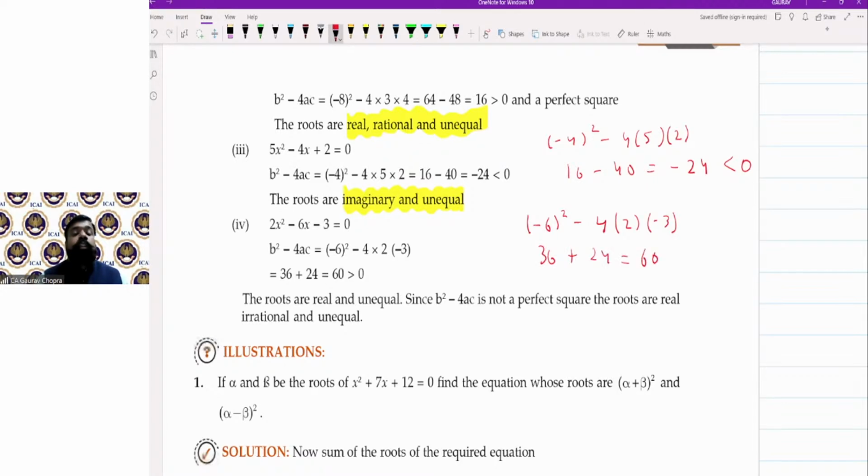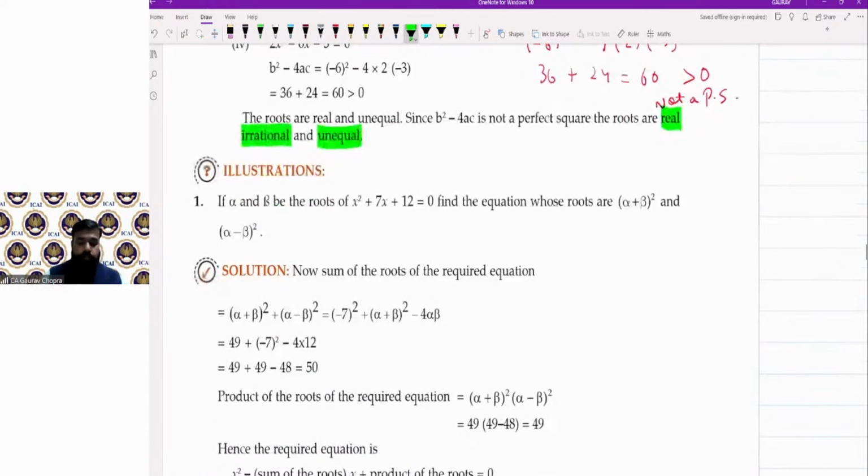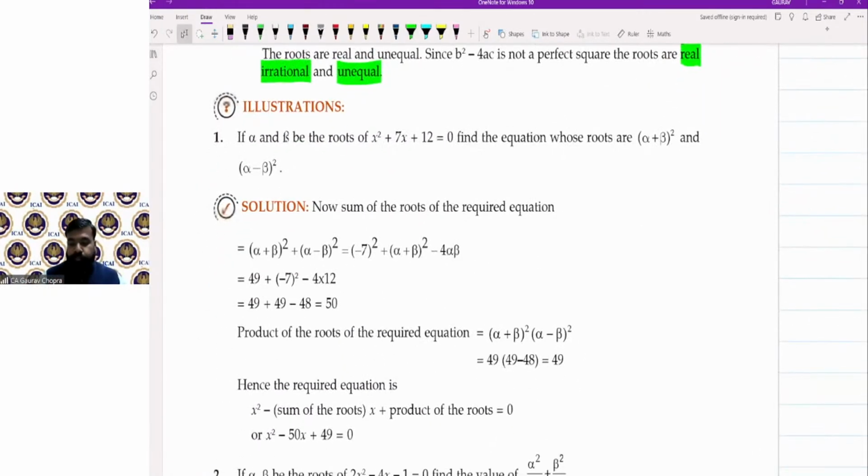This time the number is 60, a positive number greater than 0, but not a perfect square. Not a perfect square, that means the roots will be irrational. So we can write it as real, irrational, and unequal. Yes, so these are the answers.